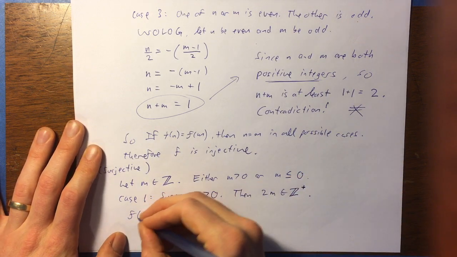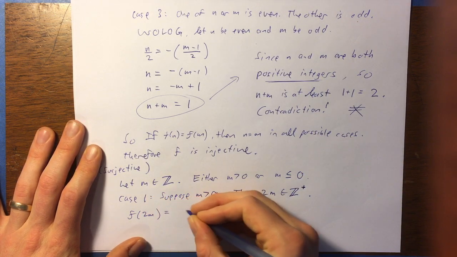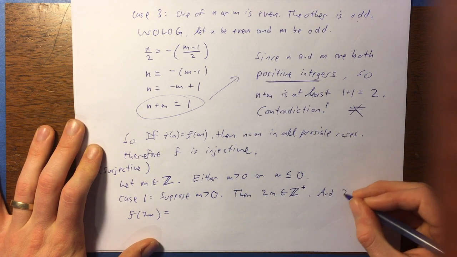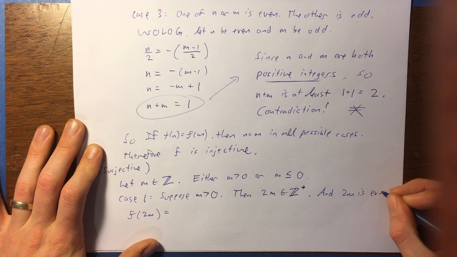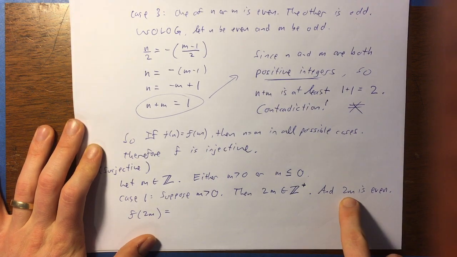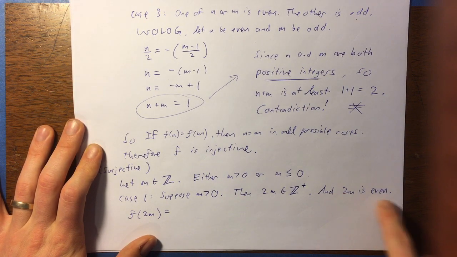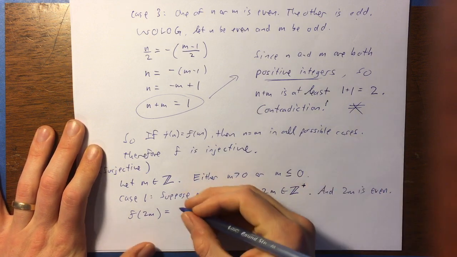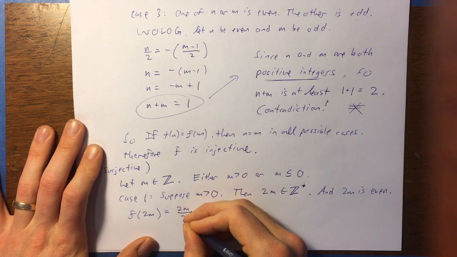So now f of 2m equals, since 2m is even, I should put a note of that, 2m is even, right? It's definitely even because it's an integer times 2. So since 2m is even, when you put it in the function, you're going to use the rule for even inputs, which is take that number and divide it by 2.